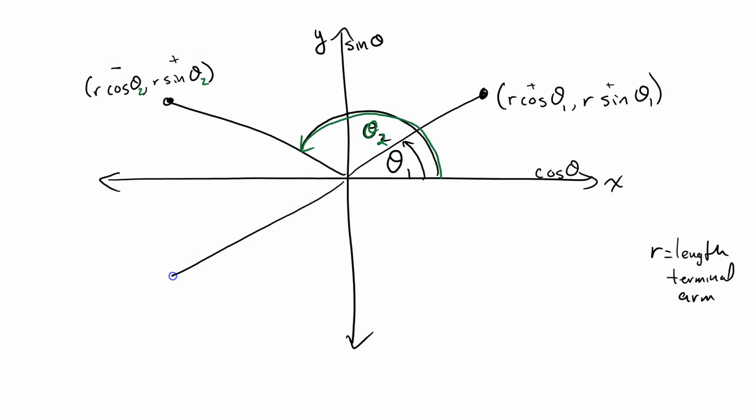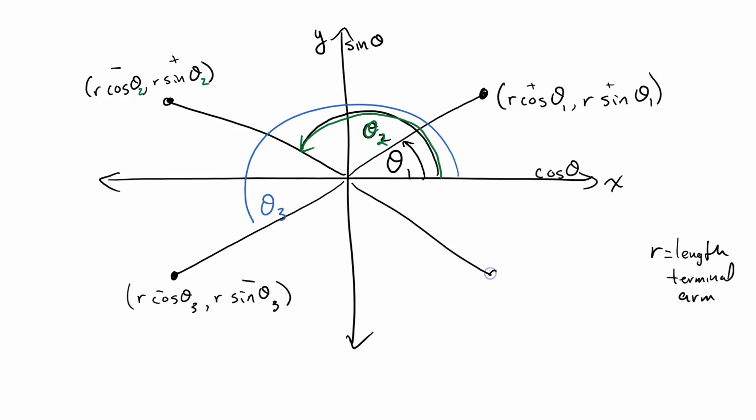If I were to have one here, and I were to give myself another theta 3, I would say that this is r cos theta 3 comma r sine theta 3. The cosine, which is our x value, is negative, and our sine is also negative. Our y's are negative. So both cosine and sine are negative.